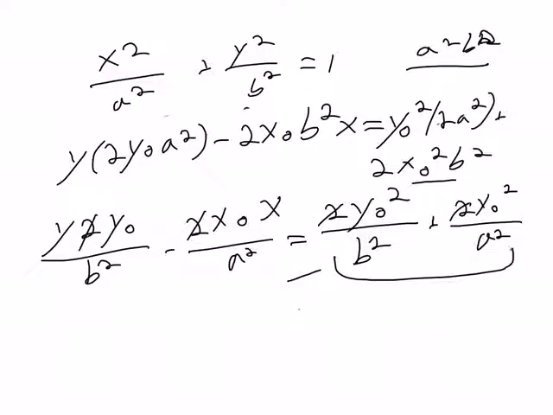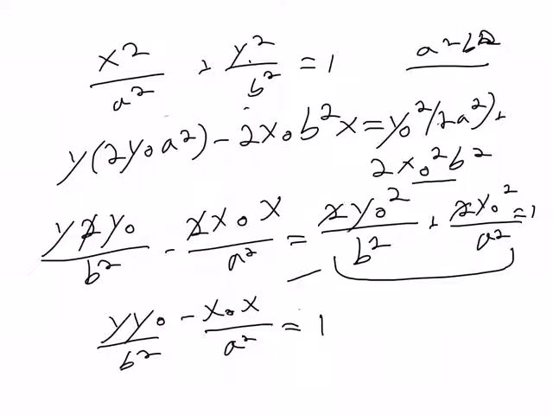And this is equal to 1, because for any x and y on the curve, x squared over a squared plus y squared over b squared is equal to 1, so this is going to be 1. So what we have is y0 y over b squared minus x0 x over a squared is equal to 1.